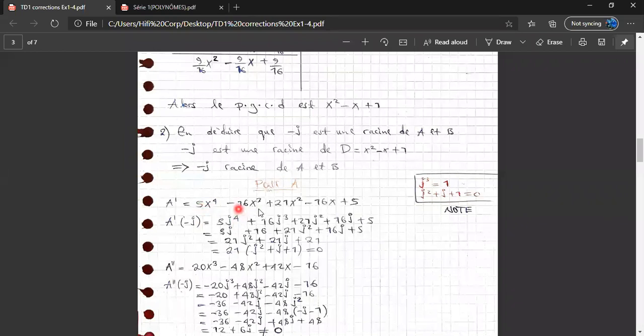Here, the negative will cancel, so it will be 16j to the power 3. Here this is even, so plus 21j squared. Here the negative multiplied with the negative gives plus 16j plus 5. These identities are very important. j to the power 3 is equal to 1.